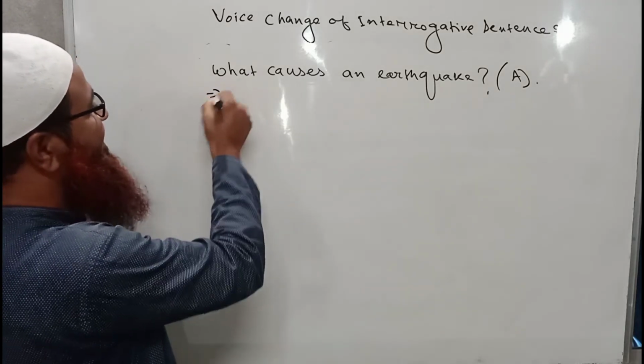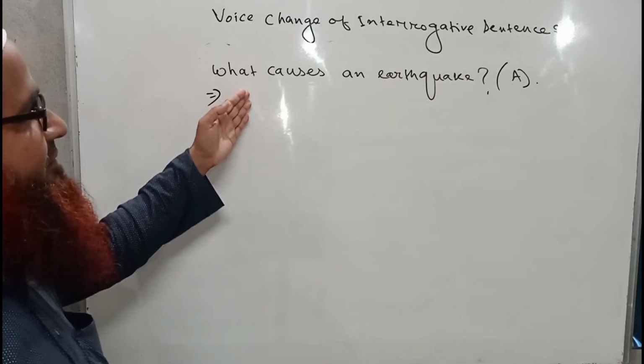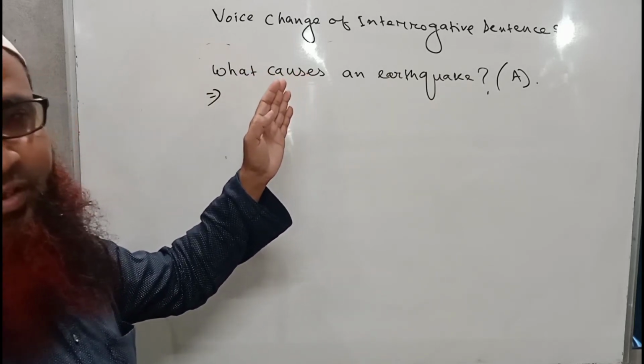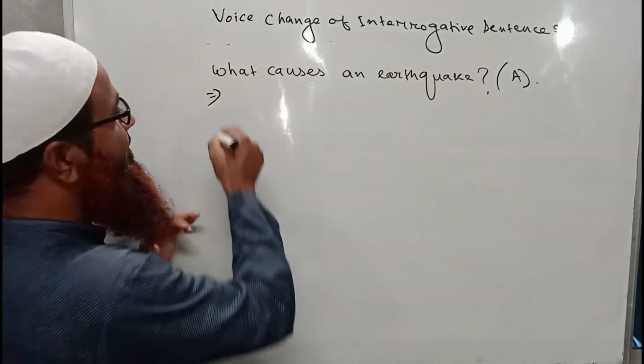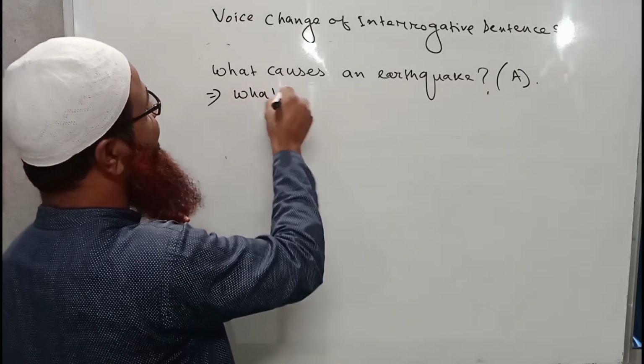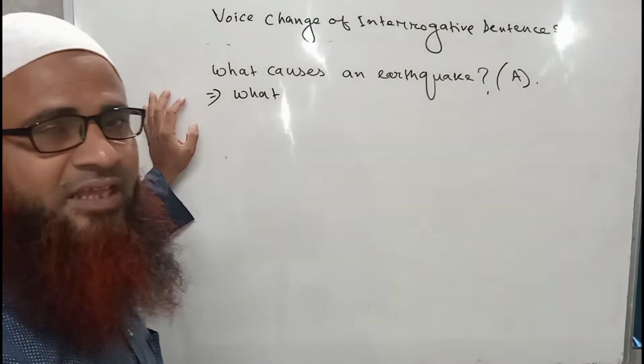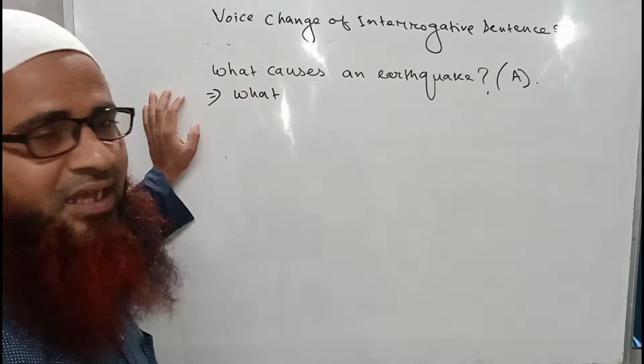So like the other sentences, what itself will be the subject. So I have written what, and as this is a direct question, that is why we have not taken the help of do or does.